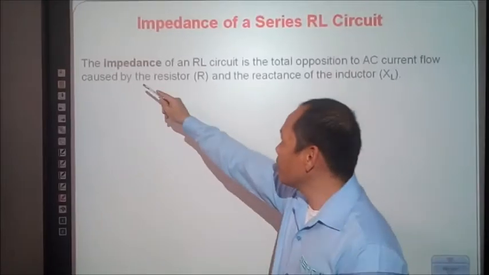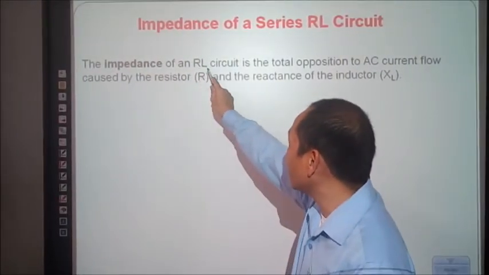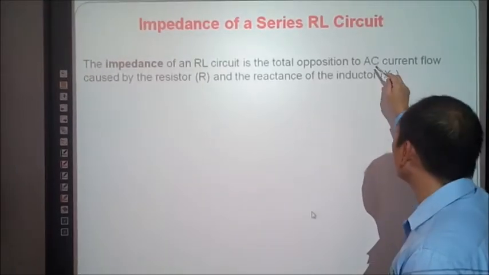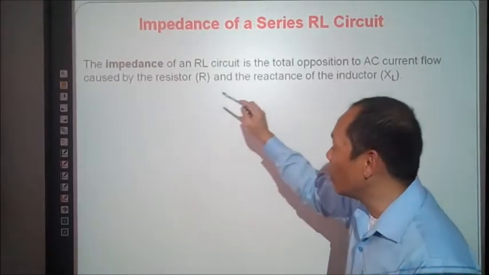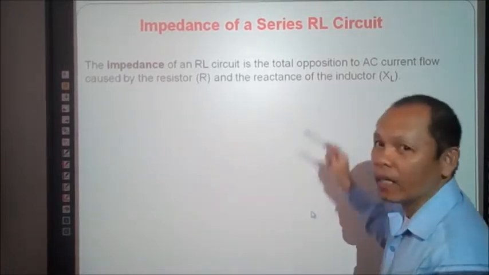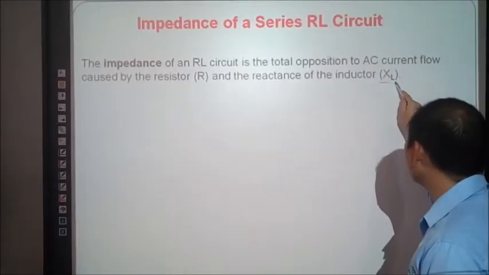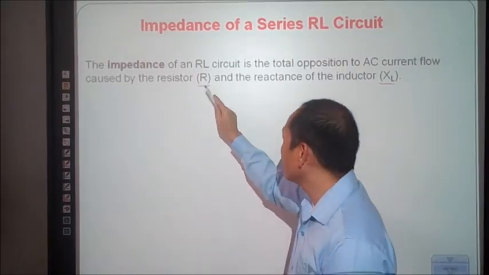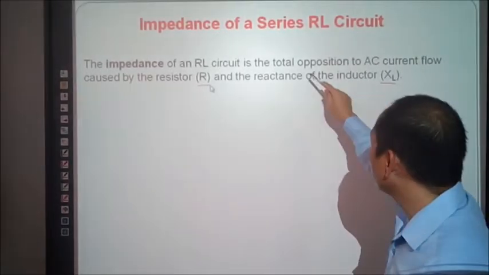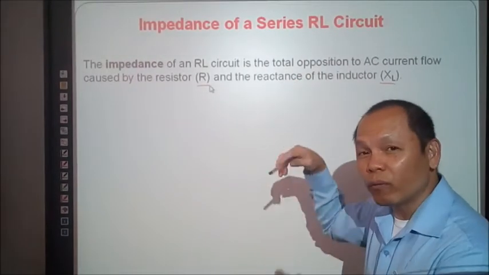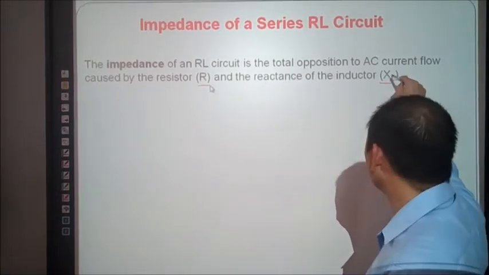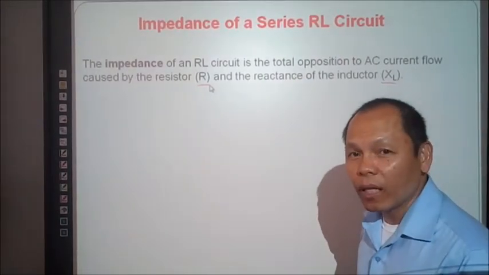The impedance of an RL circuit is the total opposition to AC current flow caused by the resistor and the reactance of the inductor, or XL. So remember, if there is a resistor and an inductor, you have to change the inductance of the inductor to inductive reactance.